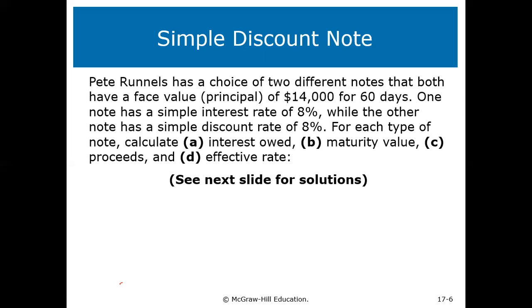Pareho lang yung tenor. Parehong 14,000, parehong 8%. Ang pinapatanong sa atin, i-calculate daw natin yung interest, yung maturity value, yung proceeds, and effective rate for both scenarios, no? For both instances.